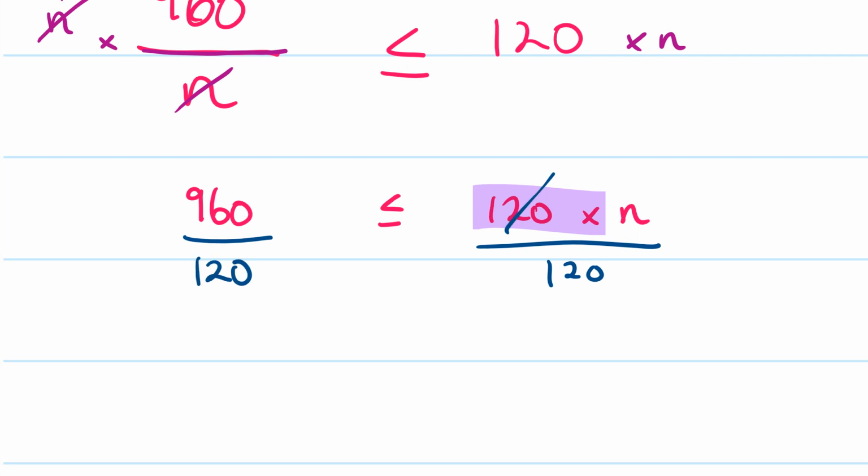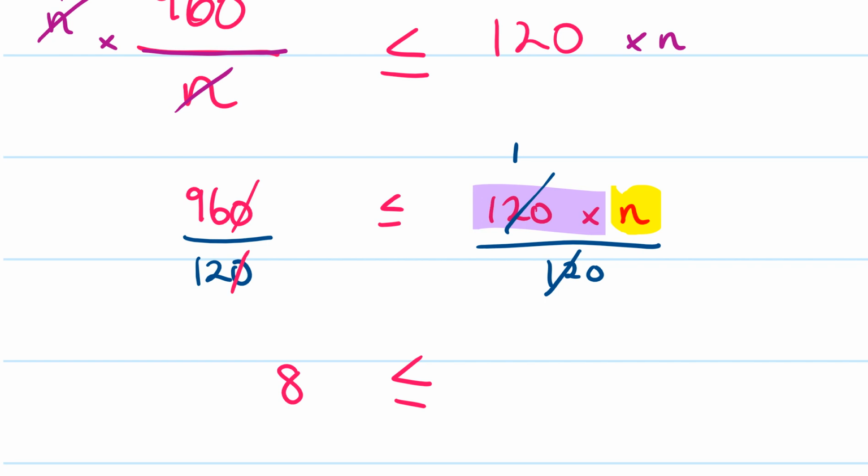So 120 divided by 120 is 1. And with inequalities, remember, as long as you're not multiplying or dividing by a negative number, the sign won't change. And we know that n can't be a negative number because n represents the number of people and they're positive integers. So here, 960 divided by 120 is, 96 divided by 12 is 8.